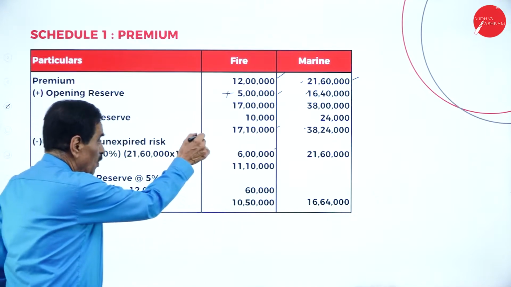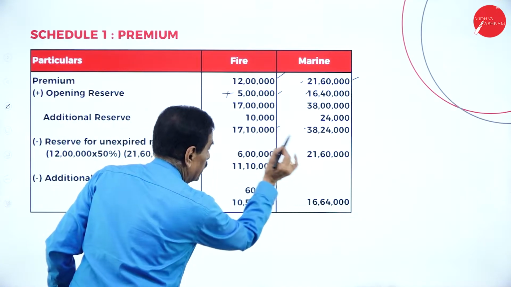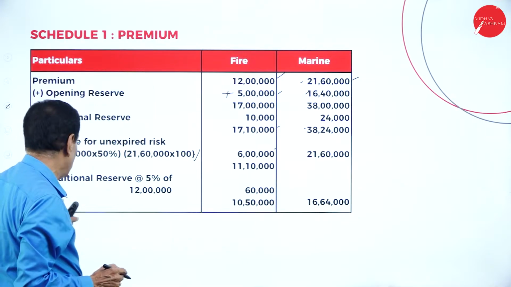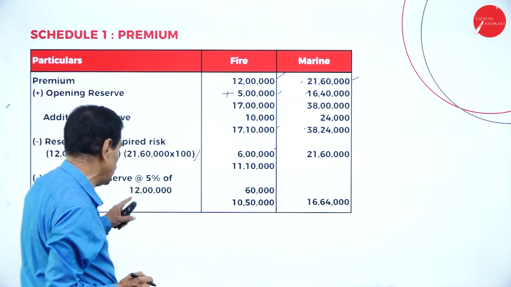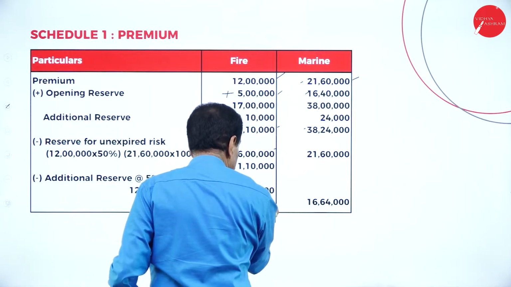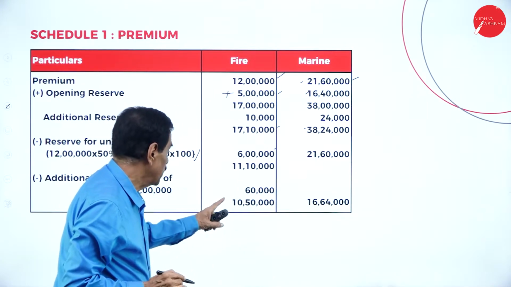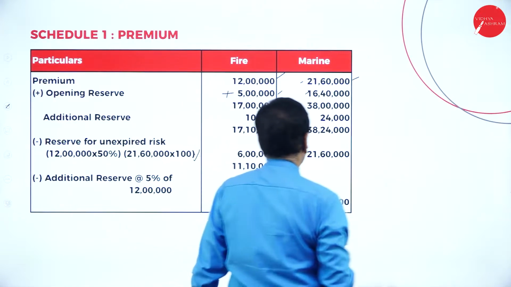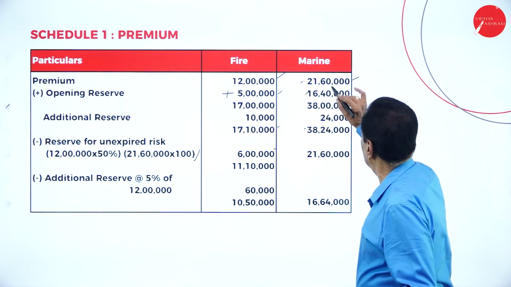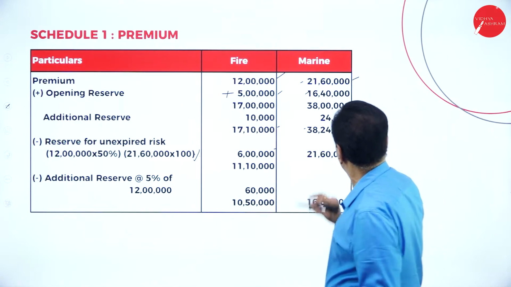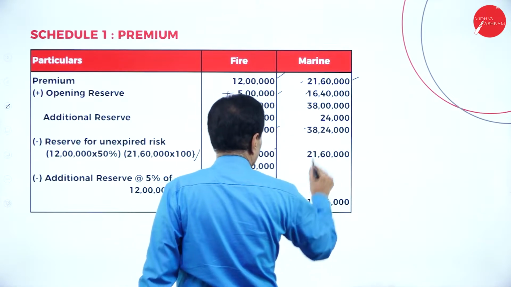Then you get once again 11 lakh 10,000, 21 lakh 60,000. Minus additional reserve at 5% on 12 lakh, it will come 60,000. This becomes 11 lakh 10,000. Then this becomes 16 lakh 60,000. Here 21 lakh 60,000, 16 lakh 40,000.